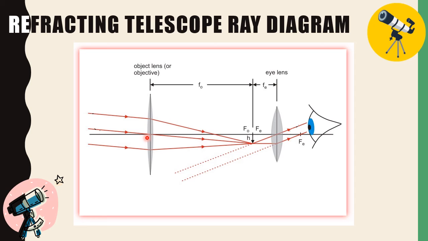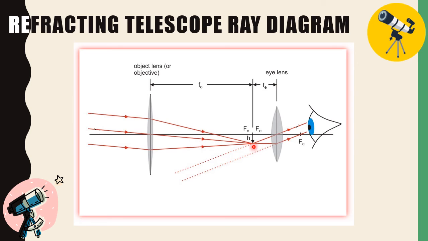So in the history of evolution, we studied about the different types of refracting telescope. Let us consider the Keplerian telescope, and the parallel beam of light from the distant object is brought to a focus by the converging lens.